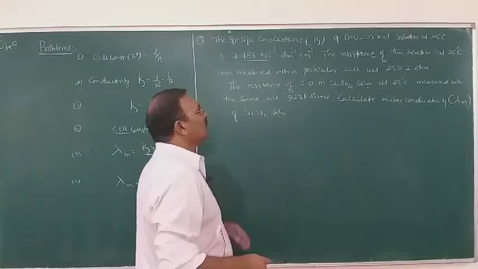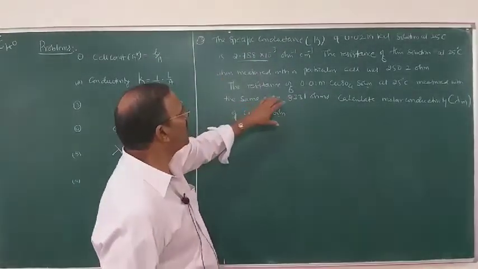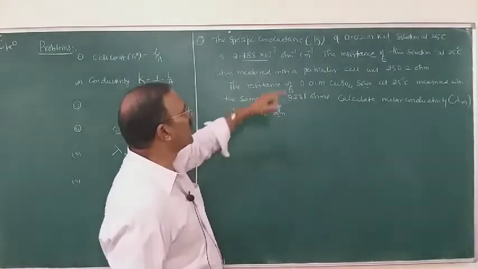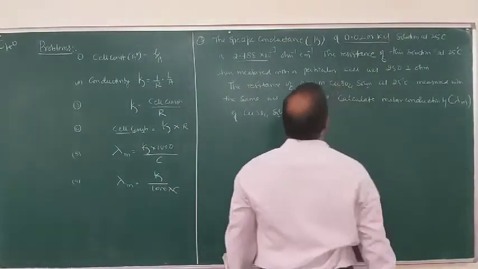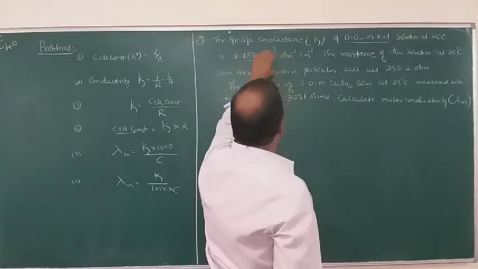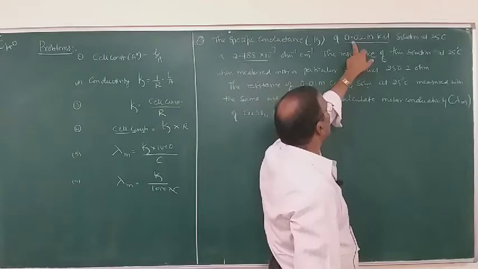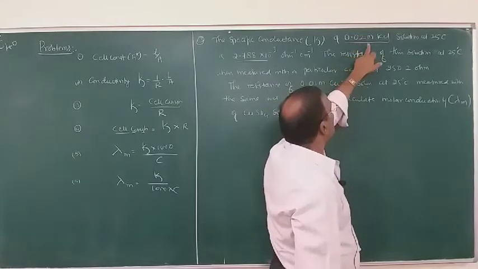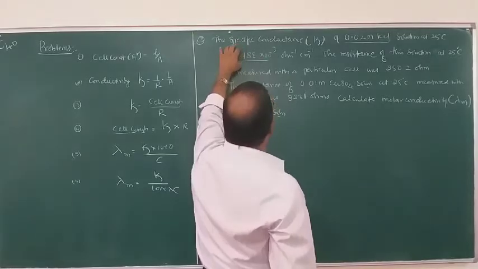One is potassium chloride solution, another one is copper sulfate solution. Using 0.02 molar KCl solution, we have determined this is the 0.02 molar KCl solution and its specific conductance is given.